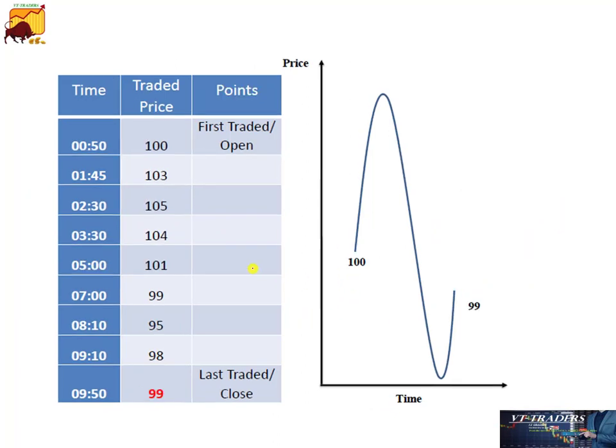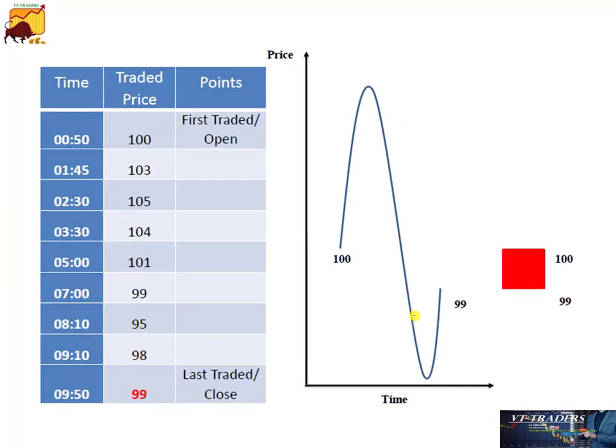Once again, in this the open price is 100, that is the first trade price is 100, so we mark here 100. Then the last trade price is 99, so the close is 99. So how will we show this price versus time chart in candlestick form?